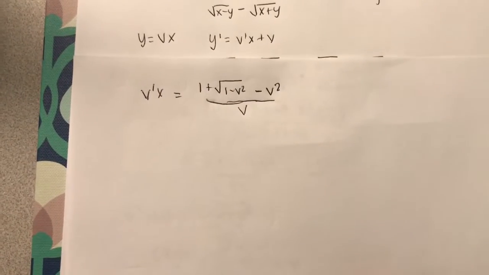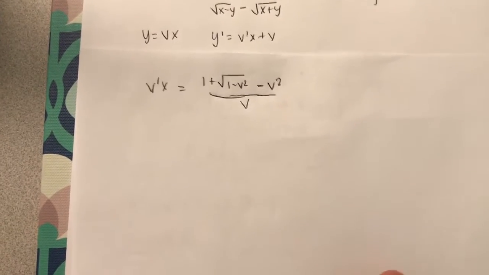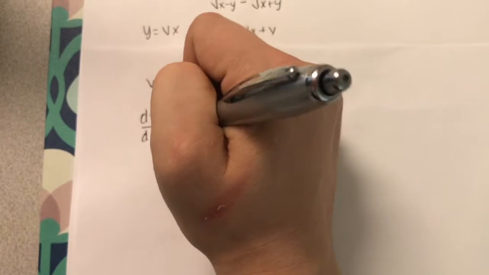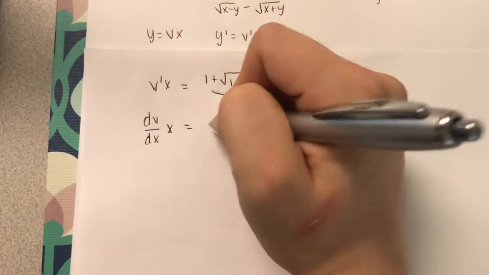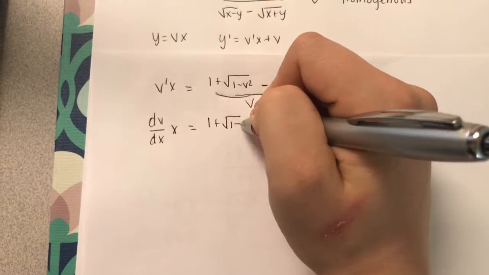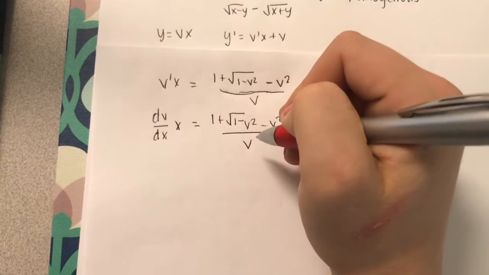I'm also going to change that v prime into dv dx so that it's easy to separate when we get to that point. So I have dv over dx x equals 1 plus the square root of 1 minus v squared minus v squared over v.